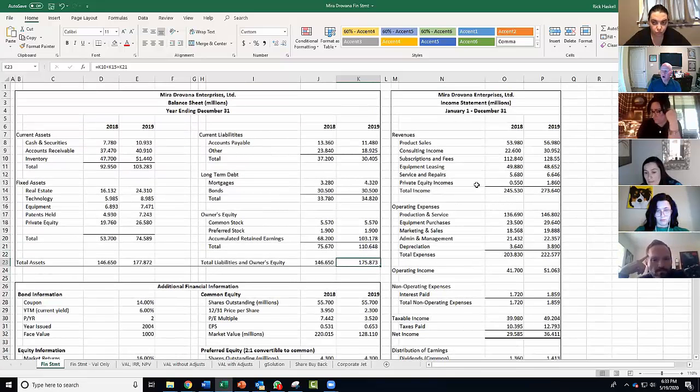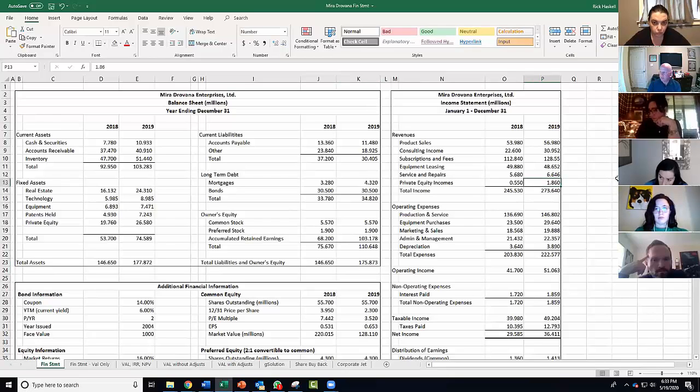Well, we would then also take a $2 million income or revenue benefit over on the income statement. I'm just going to throw it into one of these categories just because I don't want to change this thing up. I'm going to go from 1.86 here in the revenue for private equity. And I wouldn't normally put this in private equity. I normally have its own category.